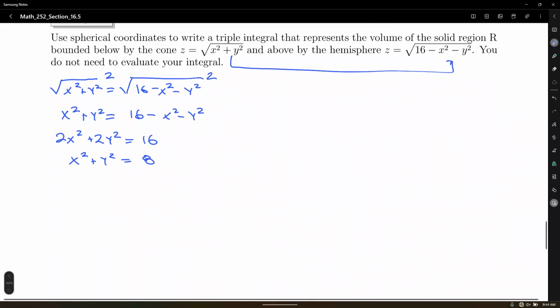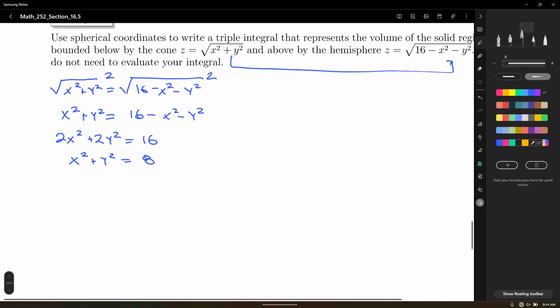Let me plot this circle real quick, from negative root 8 to root 8. You don't even want to set up a triple integral in rectangular; we're going to go straight to spherical.